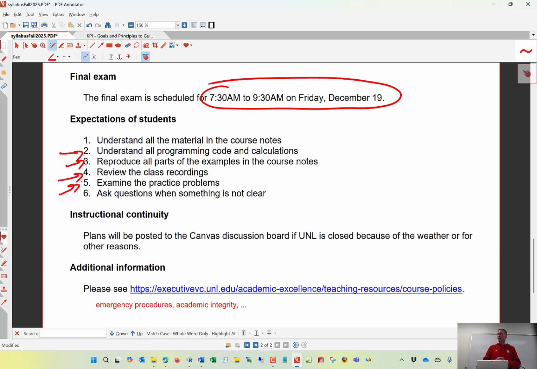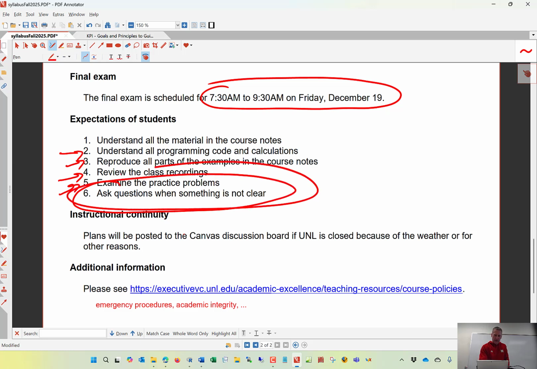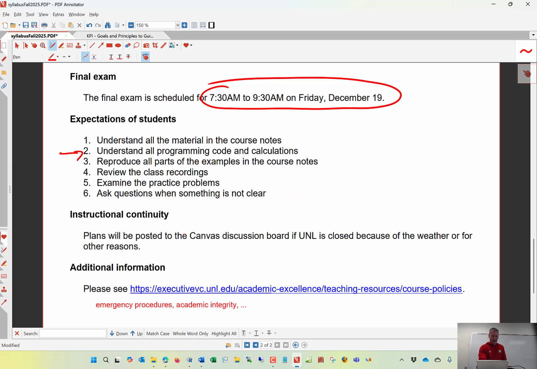I do have a lot of practice problems available to you that are not graded at all, but just to give you extra practice. I'll show you where to obtain those shortly. These practice problems, some have solutions, some do not. And of course, please, please, please ask questions when something is not clear. And I was trying to emphasize that despite my circle disappearing.